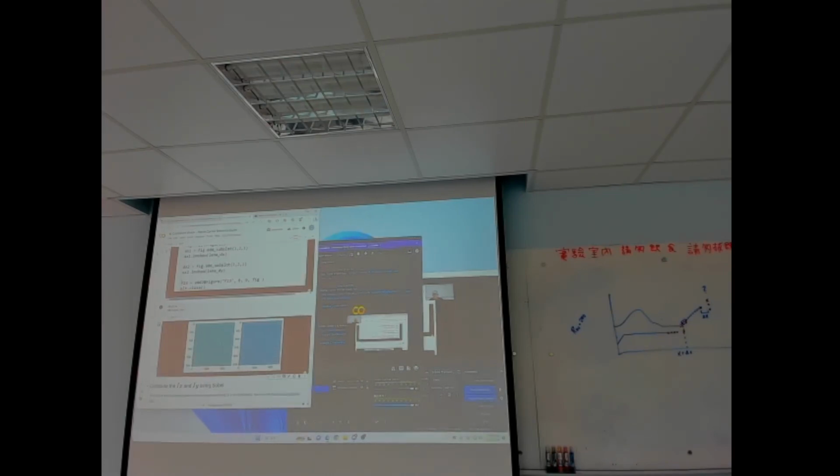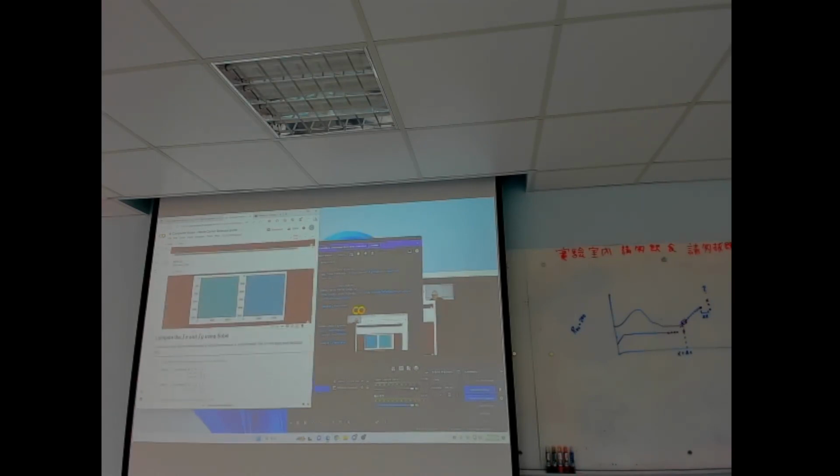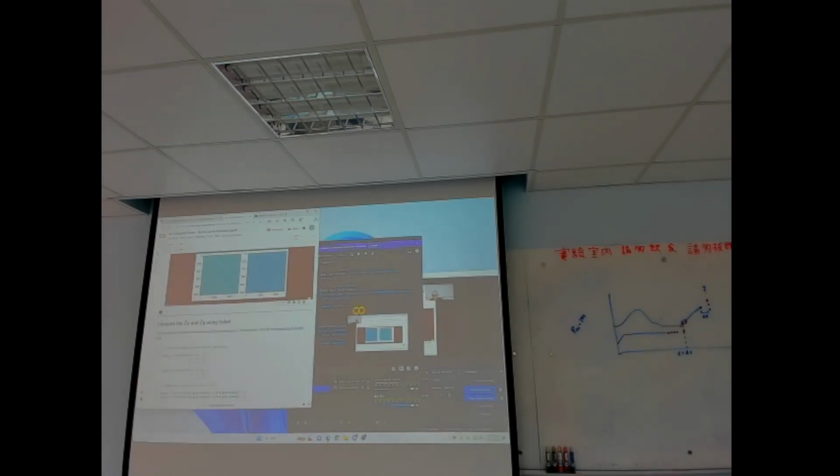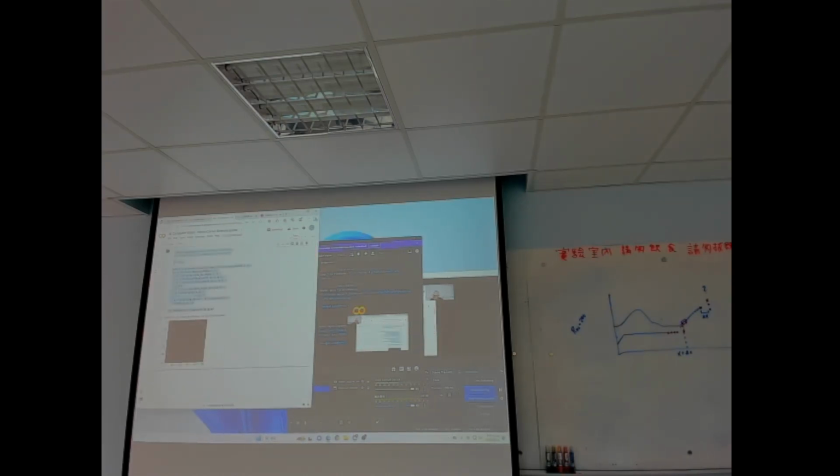So here's the output of our Sobel edge detector in X and Y. And then we can calculate the Harris response.